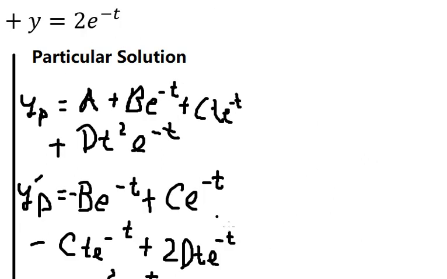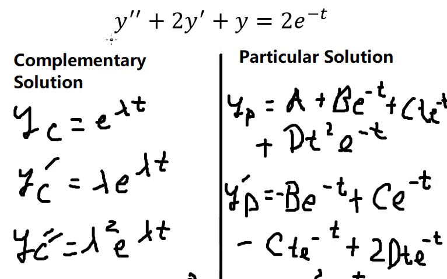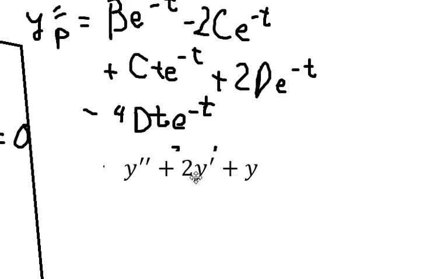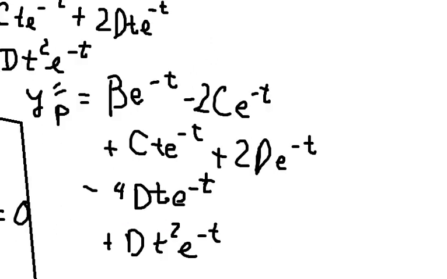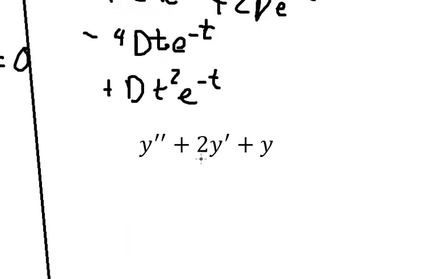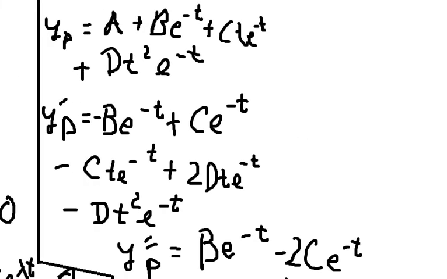Now we put everything in here. To save your time, I will multiply by number 2 on here. So this one you get number 2, number 2, number 2. This one you get number 4 in here.